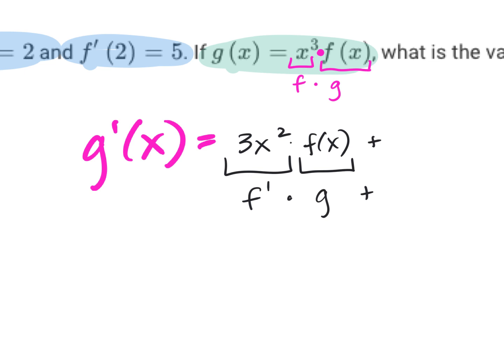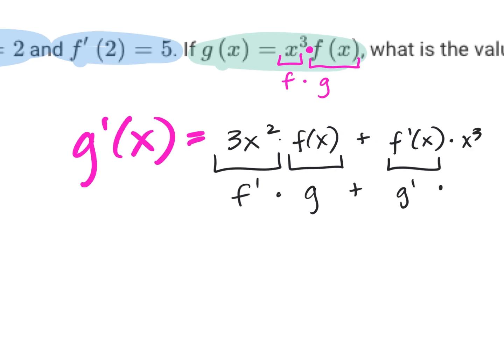If we follow my GIF format, let's put our g prime first. G prime would be what, Sammy? F prime of x, that's my g prime, times x cubed. And Colin had said x cubed first. That's great. I could not care less. It doesn't matter what order any of these are in because they're being multiplied.